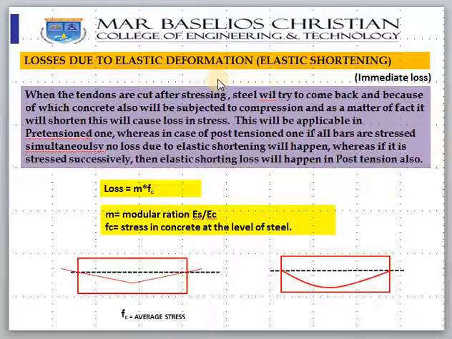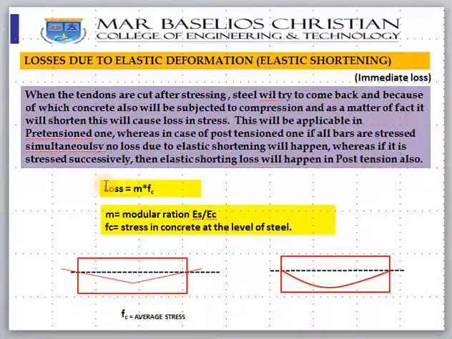But concrete being very strong in compression, it will not allow that. But there is a small chance that the concrete will also undergo some compression. That is called elastic shortening, because of which there is a loss in the stress. That is called loss due to elastic deformation.